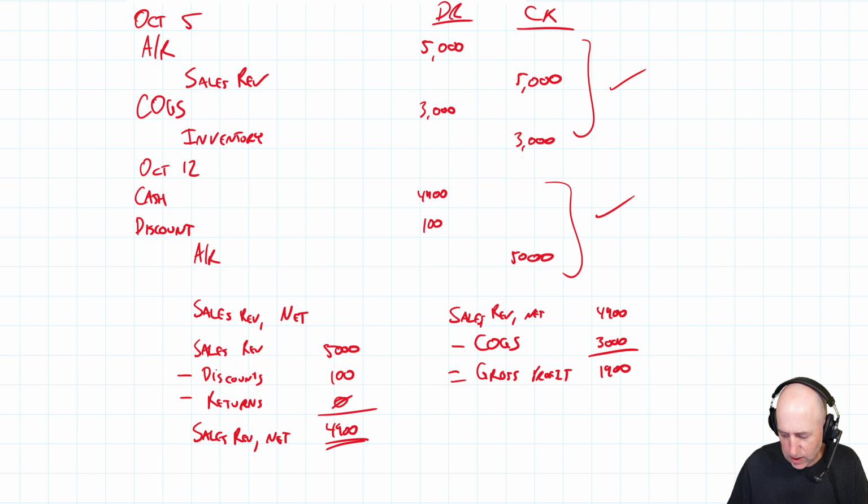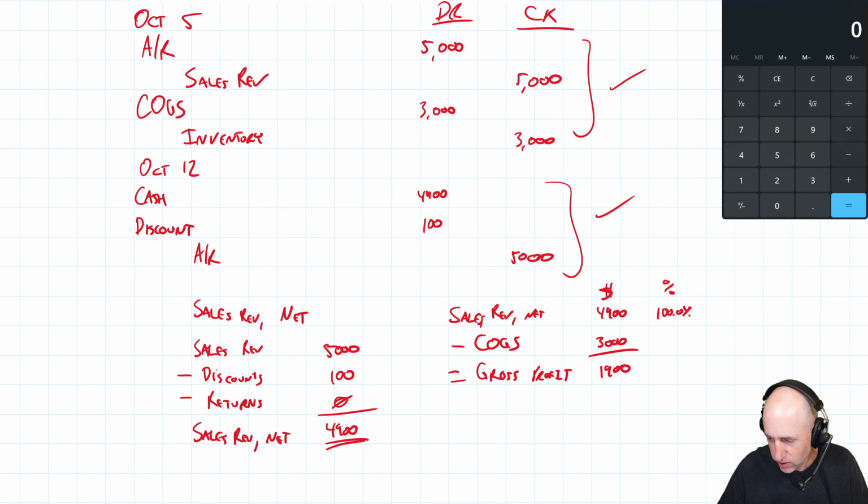Our gross profit was $1,900. You often see this presented in a dollar amount, but it's very common to see this presented as a percentage, especially that gross profit number. So you set sales as 100%. You go, what is COGS as a percentage of sales? So our COGS is 3,000 divided by 4,900. It's 61.2%.